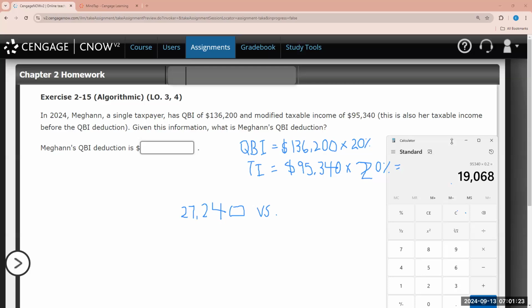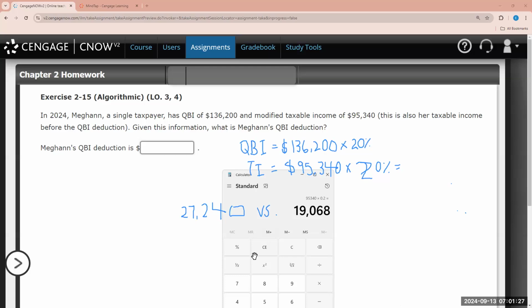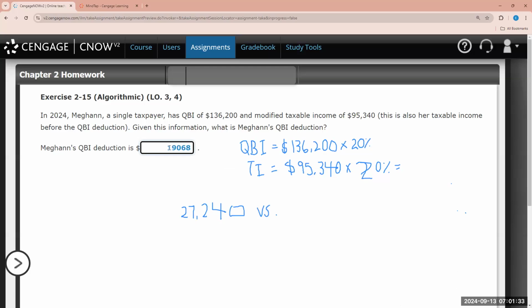All right, so if we compare the two, 27,240 versus 19,068, the lesser of the two is 19,068. Hence, we take 20% of the taxable income.